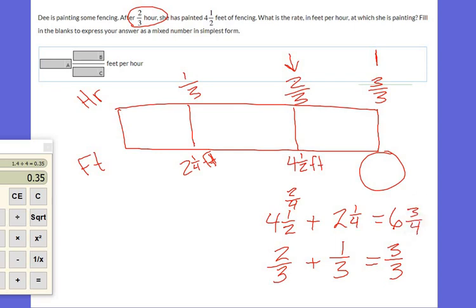So for 1 hour, they're able to paint 6 3/4 feet of fencing. So I would come over here and do 6 3/4 feet per hour is what they're able to paint.